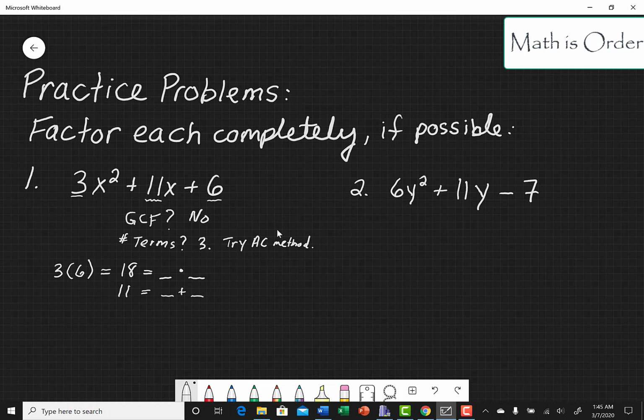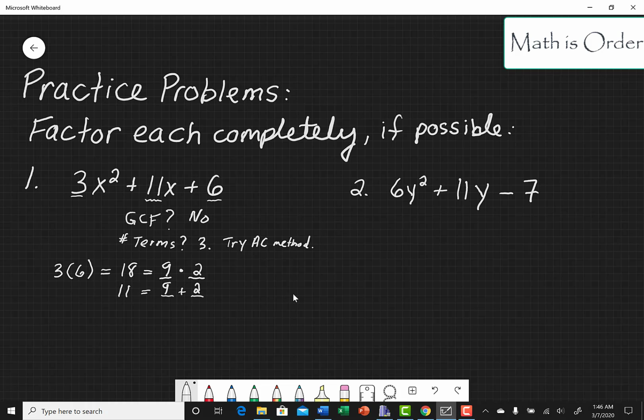All right, so we can see that 9 and 2 does work. 6 and 3 does not work because 6 plus 3 does not add up to 11. So 9 and 2 definitely does work. It satisfies the condition. It multiplies to give 18, and those 2 numbers also add up to give 11.